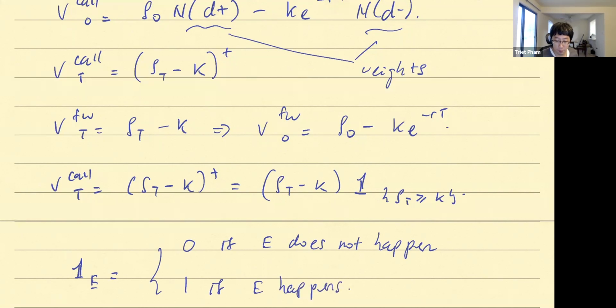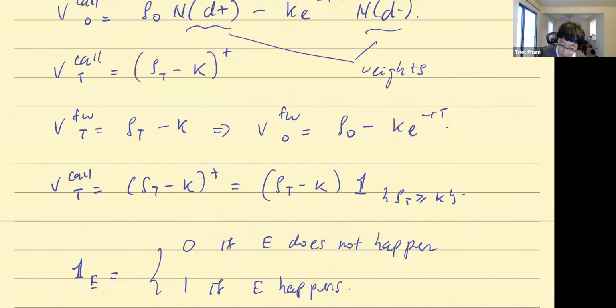And if you pay attention, that's exactly what (ST minus K) plus does. If ST is bigger than K, then it is ST minus K. If E does not happen, meaning ST is less than K, then this is 0. So this indicator function captures exactly what the plus function, the max between x and 0, does.